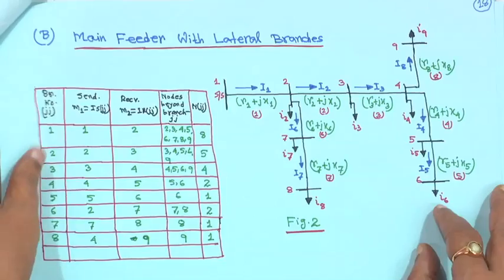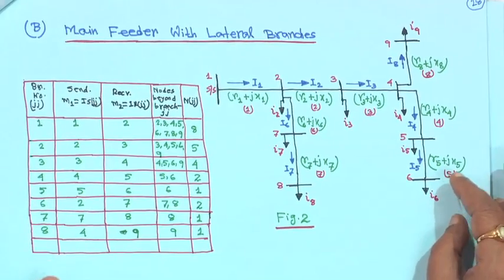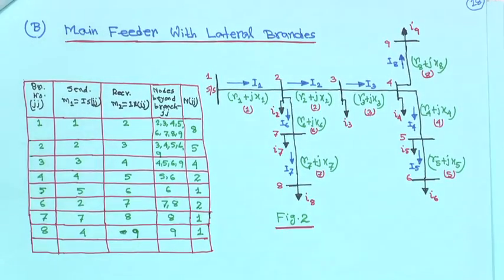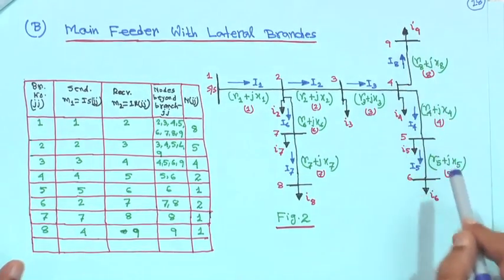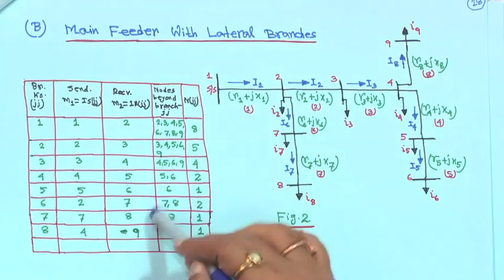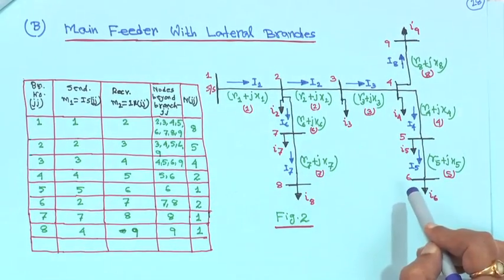Now, as this is a classroom type of thing, I cannot take a very large distribution network, but here I have taken a 9 node distribution network. This is the substation, and 2 lateral branches have been taken. Listen, whatever way we have explained, the numbering of the nodes is arbitrary.